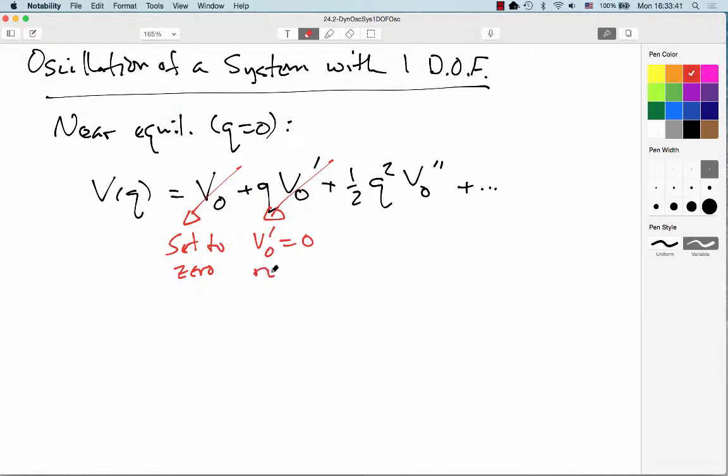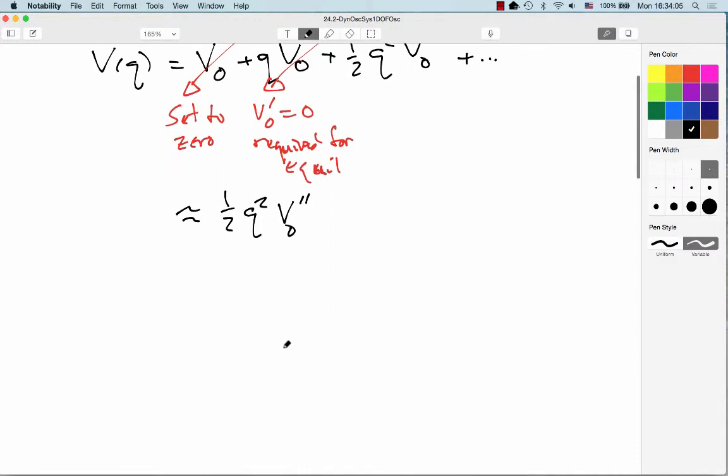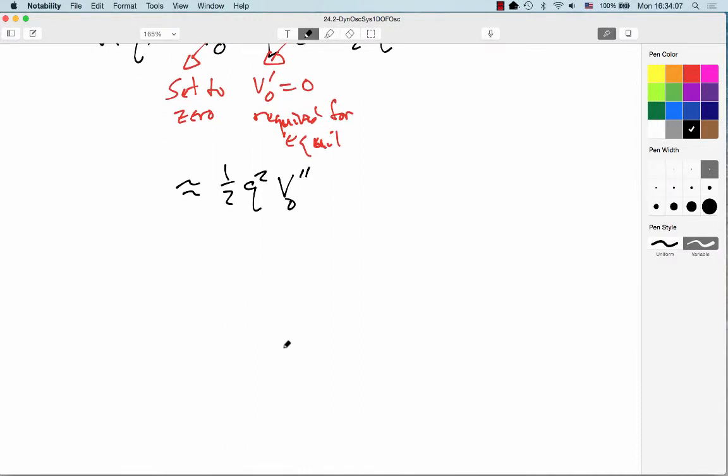That's required for equilibrium. So I'm just left with the quadratic term being the first term that counts. And since we're near equilibrium, we don't have to worry about higher order terms. So we'll say it's 1/2 Q squared times the second derivative evaluated at equilibrium. All right.